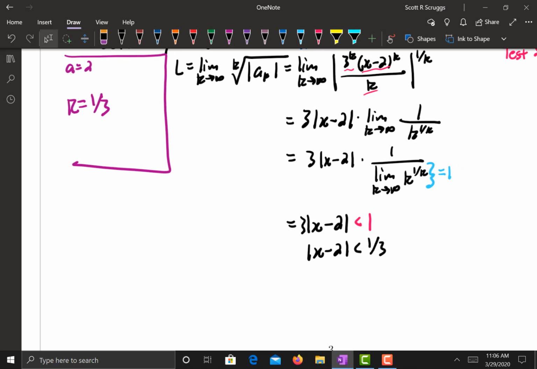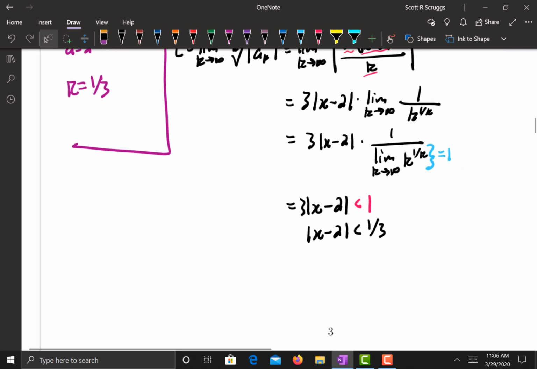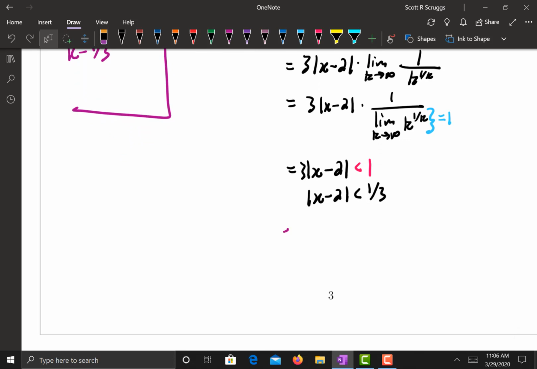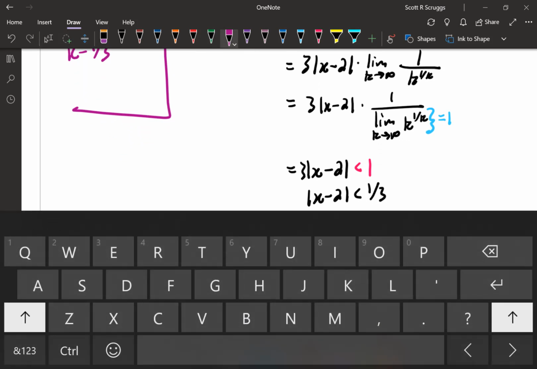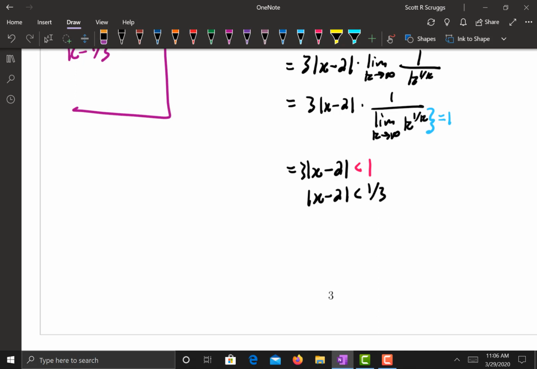Okay. And now with that, I'm going to do our work from before. I get negative 1/3 less than x minus 2 less than 1/3. And then I add 2 to all three sides of that inequality, and I'll get 5/3 less than x less than 7/3.